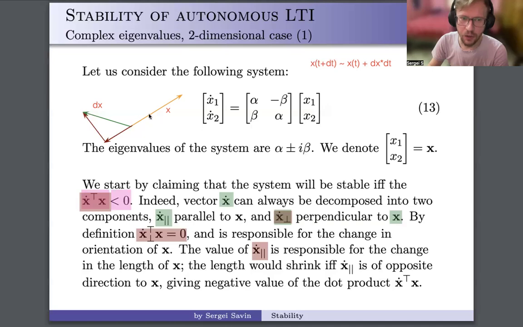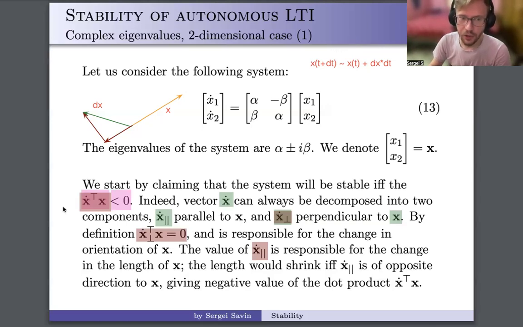If I have this parallel component here, it's going to either shrink or increase. If x dot looks in the same direction as x, if they are collinear, then x will increase in magnitude. If they look in the opposite direction, x will shrink in magnitude.